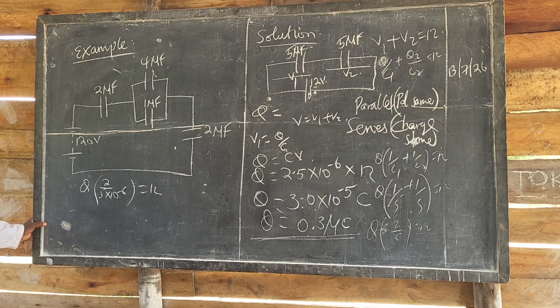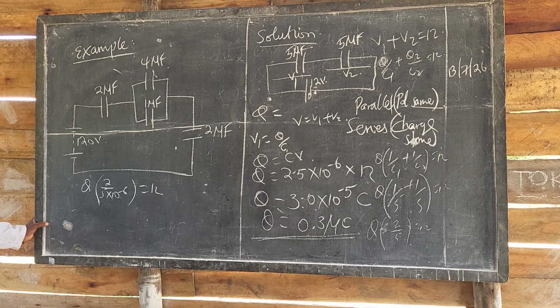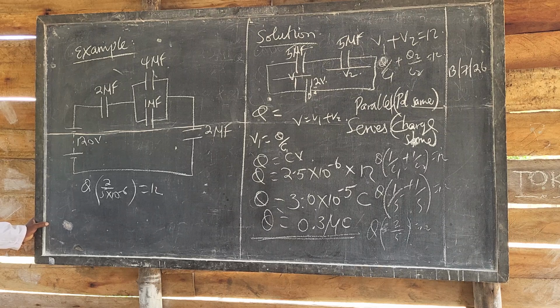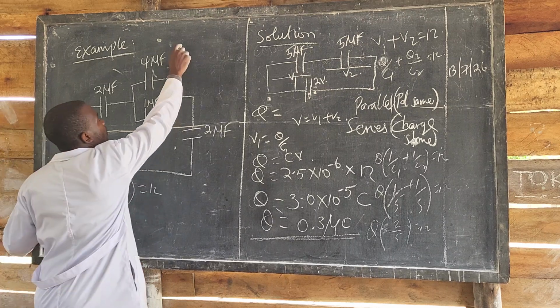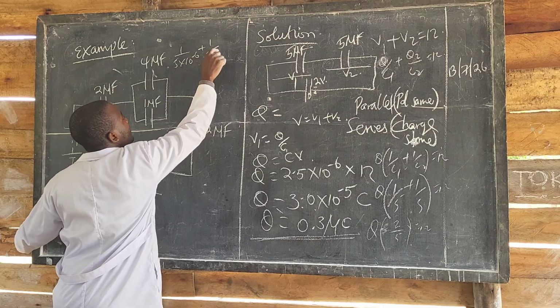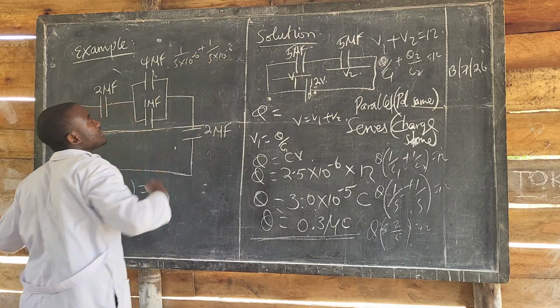Is it mathematically the same? Is it the same? 1 over 5 exponent negative 6 plus 1 over 5 exponent negative 6, what do you get?